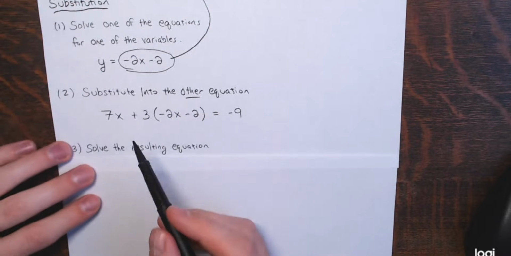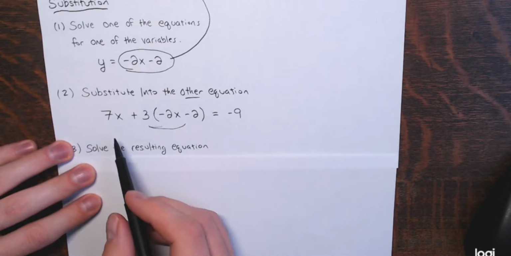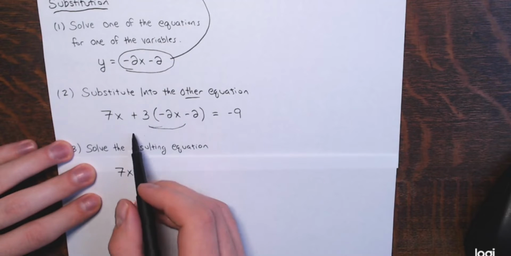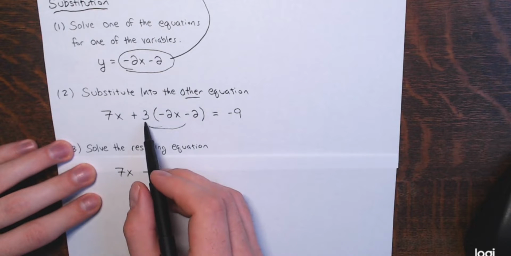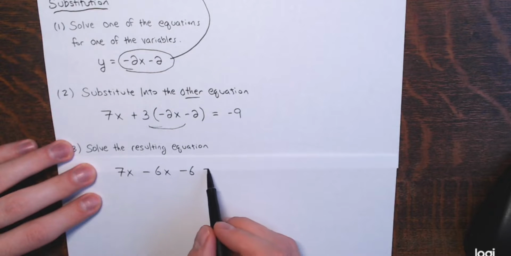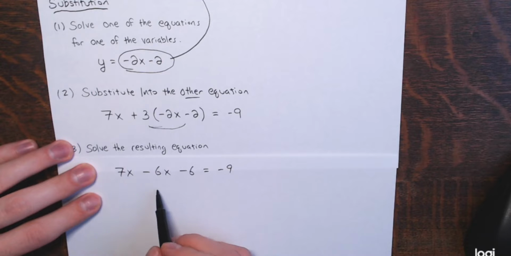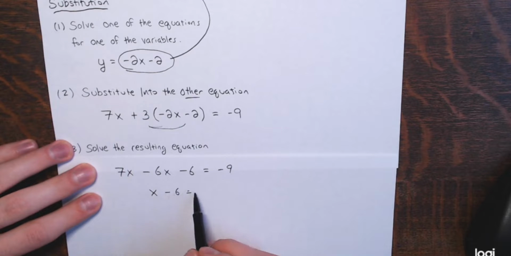So distributing the 3 here, I'll have 7x, and then 3 times negative 2x would be minus 6x. 3 times negative 2 is minus 6 equals negative 9, and then you have just x minus 6 equals negative 9, then adding 6, x equals negative 3.